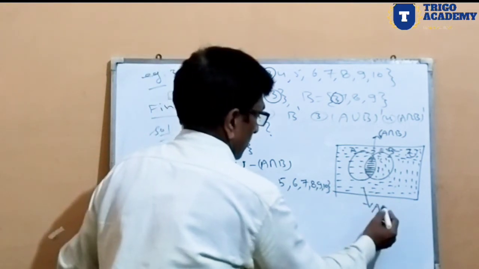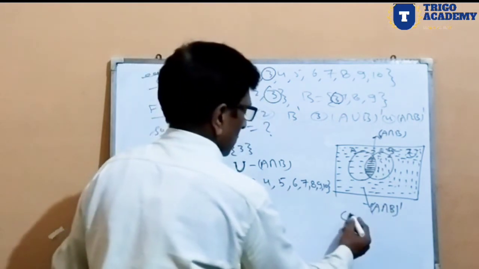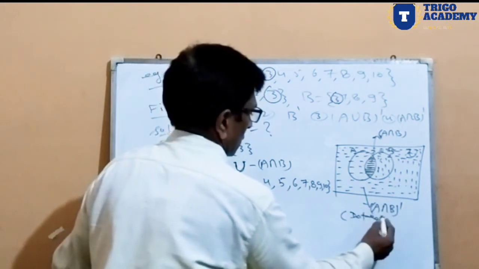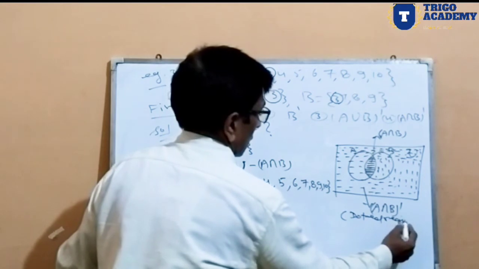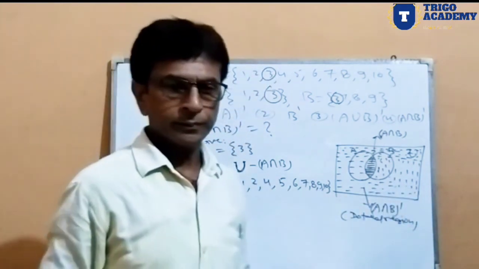So this dotted region represents (A intersection B)'.